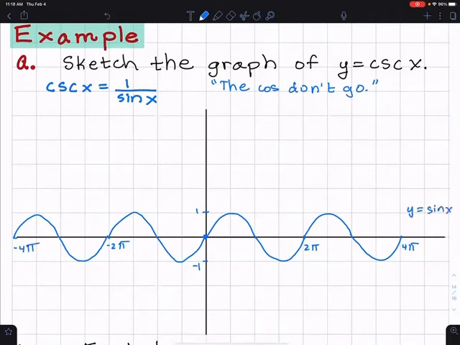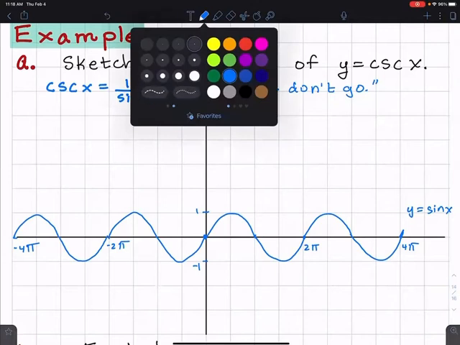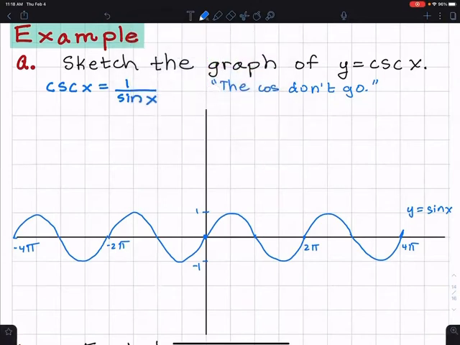When is sine x equal to 0? Well, we can see that's at the x-intercepts. The x-intercepts are where the y coordinates equal 0, and those will correspond to vertical asymptotes for 1 over sine x, which is cosecant x.